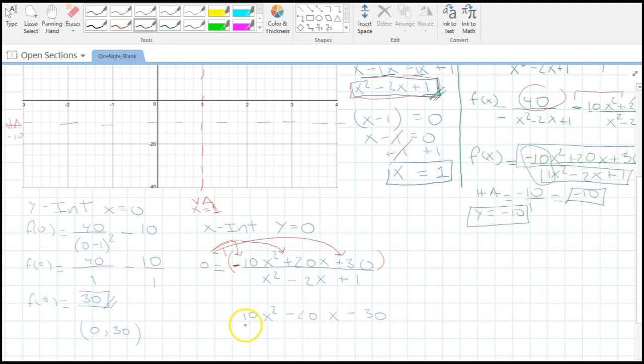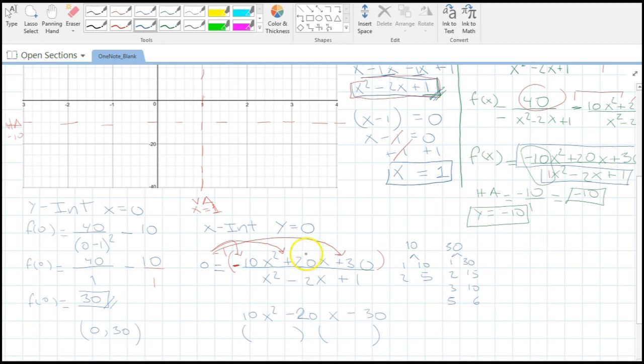Now I'm going to factor this, open a set of parentheses. Factors of 10 are 1 and 10, 2 and 5. Factors of 30, remember, I'm trying to match the negative 20x that is here in the middle. 30 is going to be 1 times 30, 2 times 15, 3 times 10, 4 is not a factor, 5 times 6, and that's all.